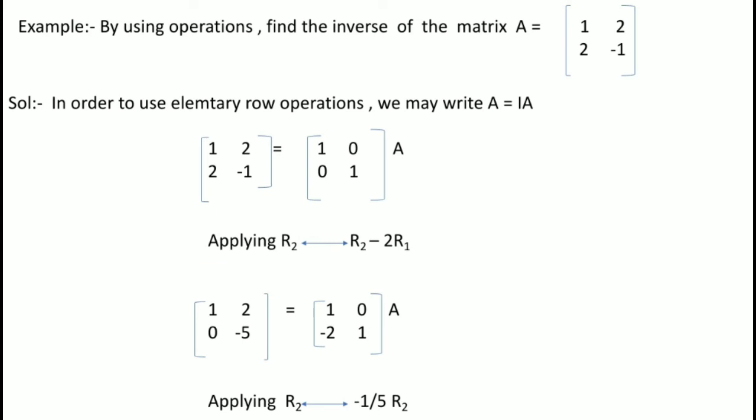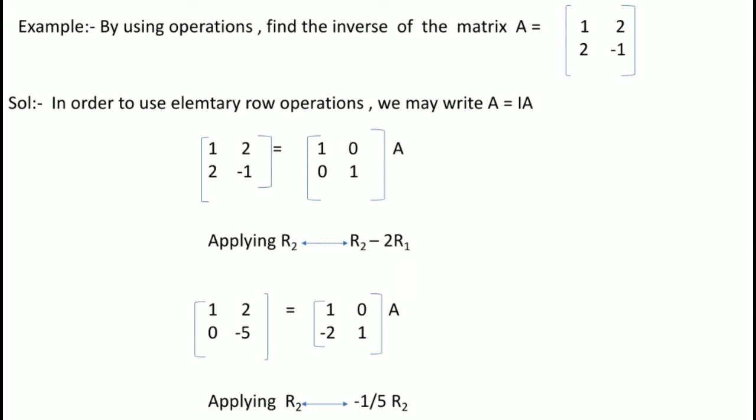Here R2 on the left hand side represents the row on which the operation is to be applied, and the remaining row R1 remains the same. Changes take place in row 2 only, and the right hand side represents the operation which we have to apply on R2, which is R2 minus 2R1.